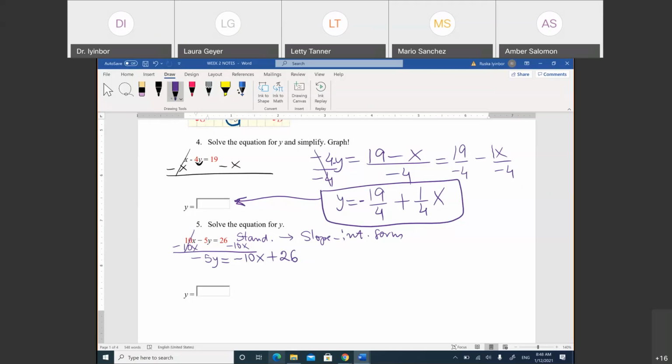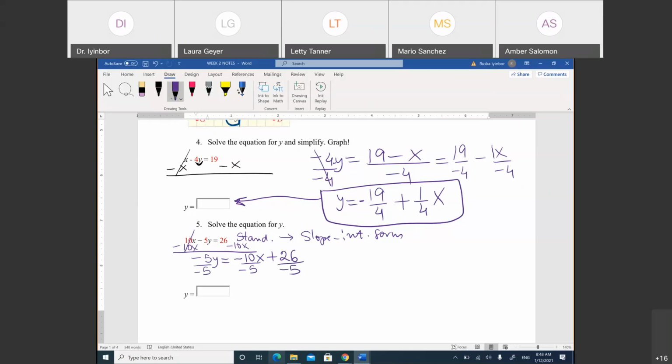And then you're going to divide by the number in front of y. So minus 5, you're going to divide everything by negative 5. If you want, you can just divide it like this, negative 5 and negative 5, so that way it's easier to reduce.